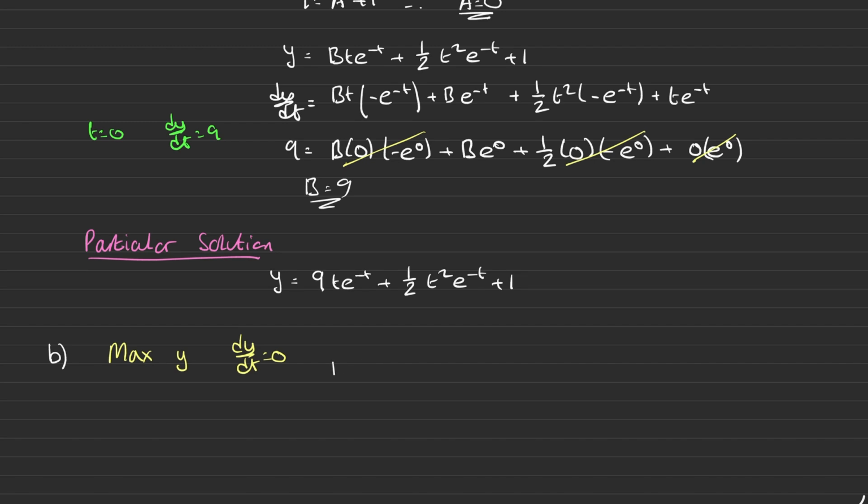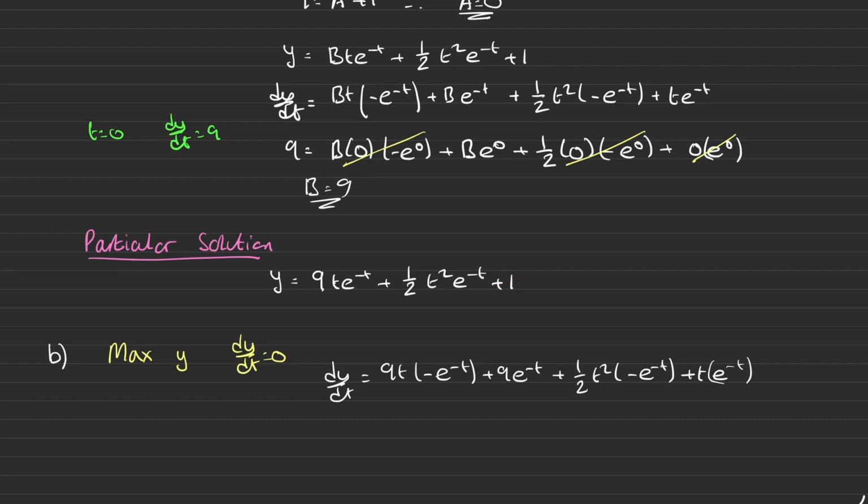Okay, so welcome back. So dy by dt, if we differentiate this using a product rule, we'll have 9t minus e to the minus t plus 9 e to the negative t plus 1/2 of t squared minus e to the negative t plus the t term e to the negative t, and then this constant of 1 will just go.